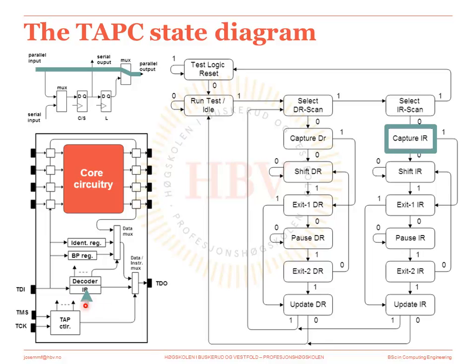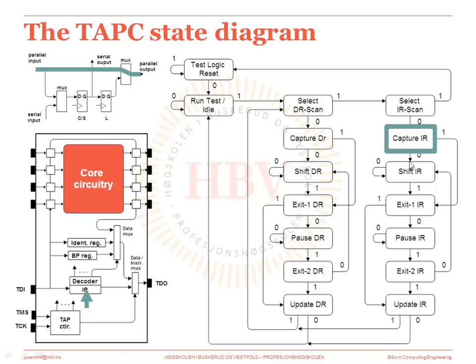This is the moment when all the instruction registers in the boundary scan devices in the board will capture that fixed pattern comprising 0, 1 in the last two bits. This is the fixed pattern that, when it is shifted out, enables us to check the integrity of the boundary scan chain itself.